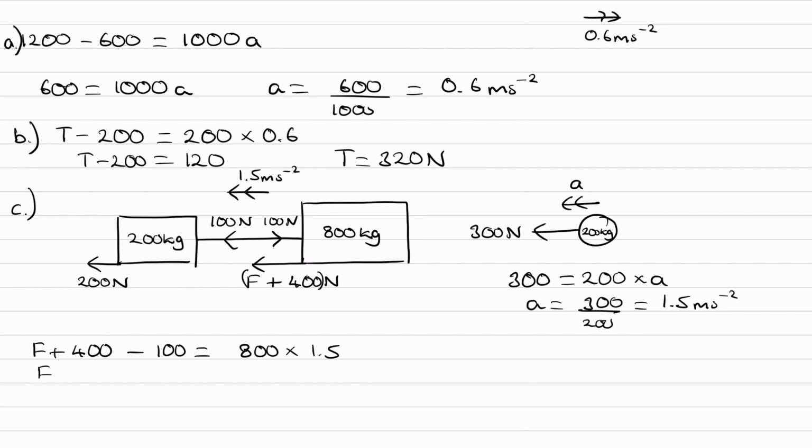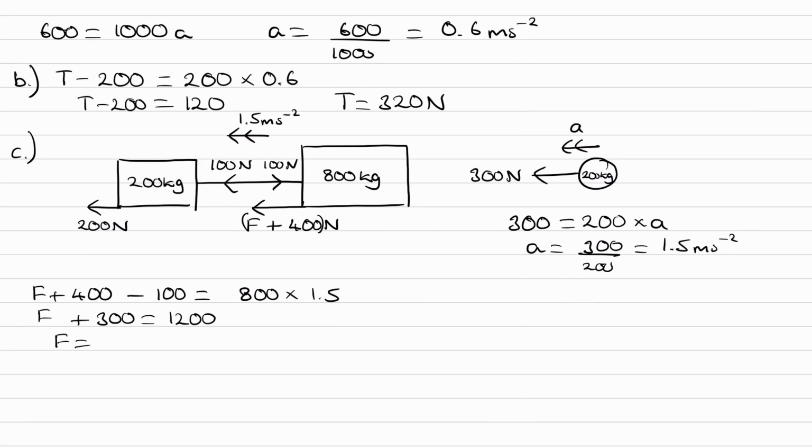Let's simplify: F plus 300 is equal to 800 times 1.5, which is 1200. F is then equal to 900 newtons, and that is our answer.